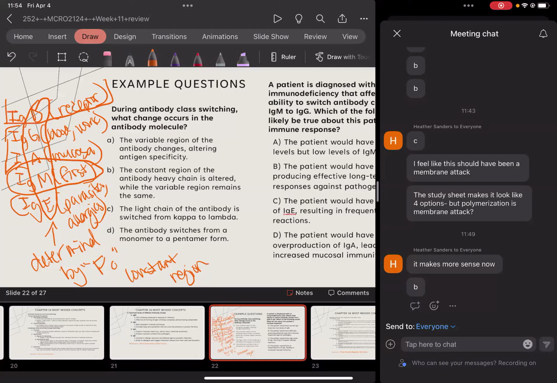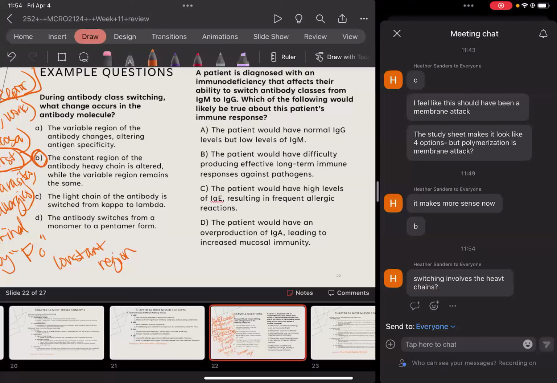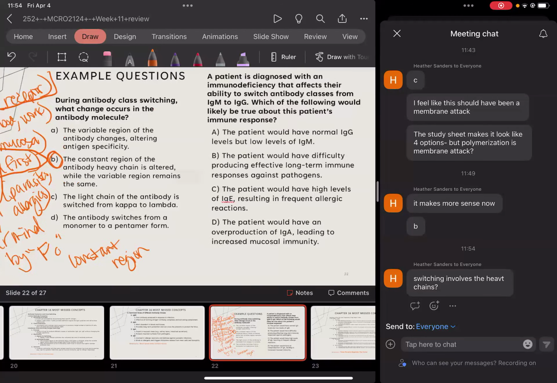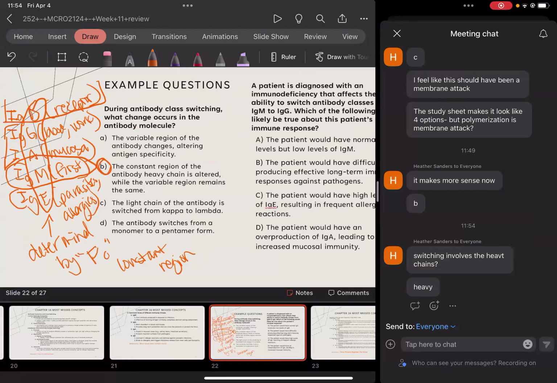So if we're switching from M to G, A, or E, this is the constant region. So yes, switching involves the heavy chains. Exactly. The heavy chain is where the constant region is. At the bottom of the heavy chain is the constant region. At the top of the heavy chain, you have part of the variable region, but the other part of the variable region is on the light chain.